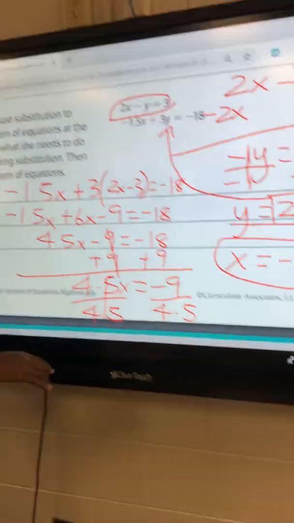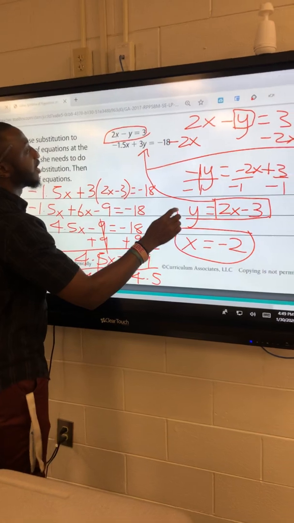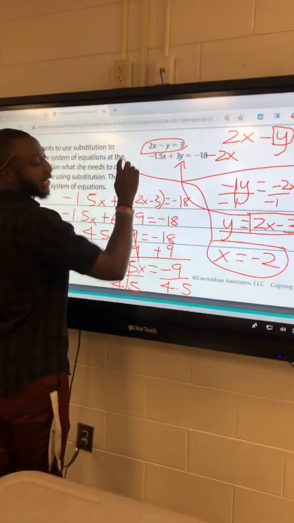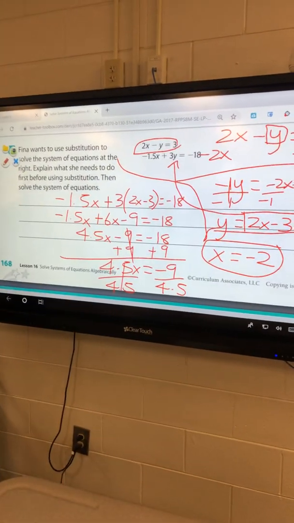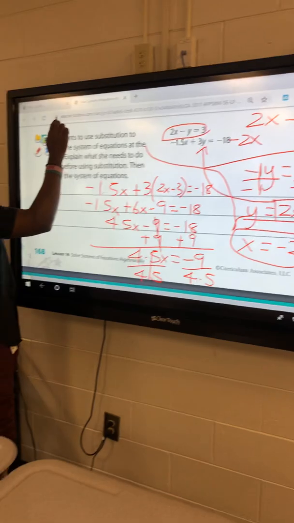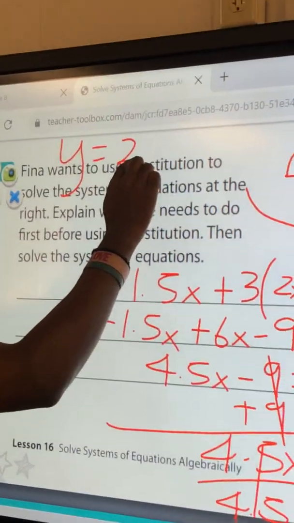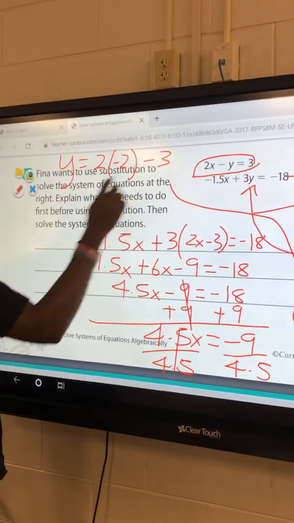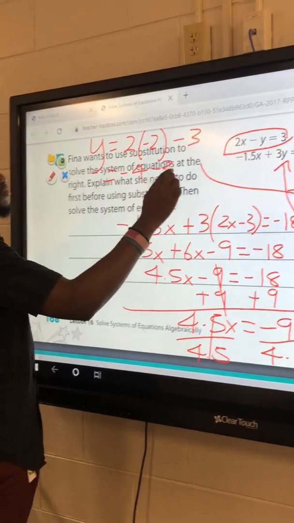I have my x, but I don't have my y. So I'm going to plug in the value of this x into one of my equations. I'm going to plug it into this equation. Okay? I have some space up here. So that equation now becomes y equals 2 times negative 2 minus 3. 2 times negative 2 is negative 4 minus 3.